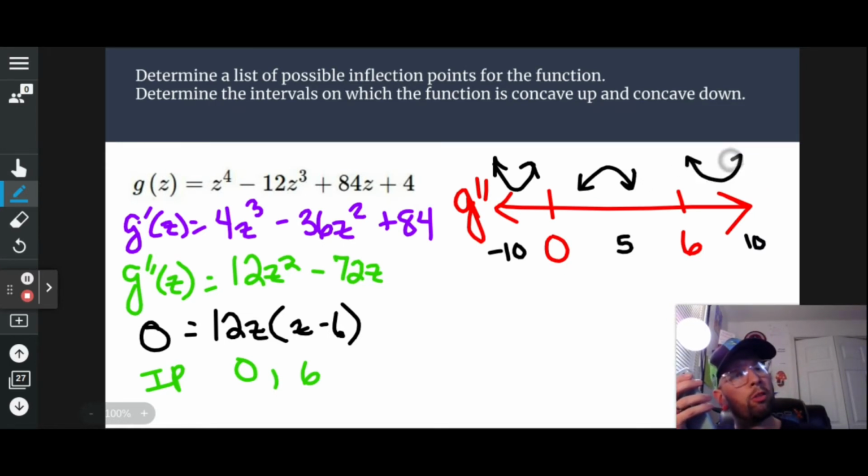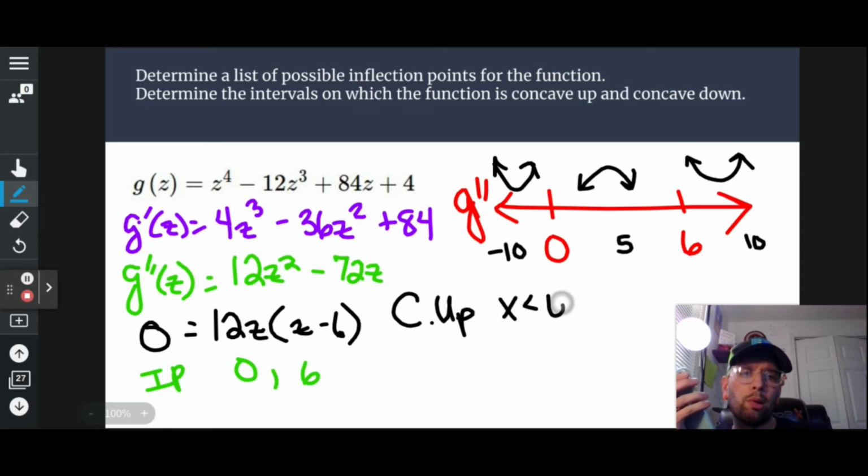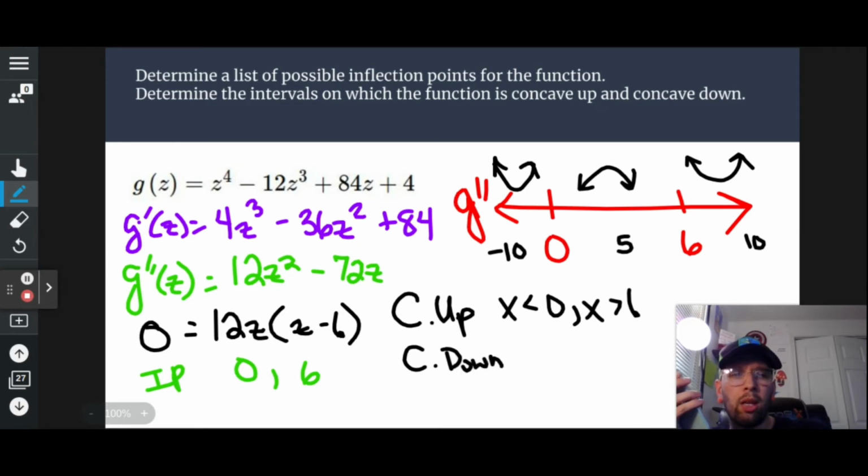So those are my inflection points, legit. So we are concave up for everything less than 0 and everything greater than 6. And we are concave down for everything in between 0 and 6.